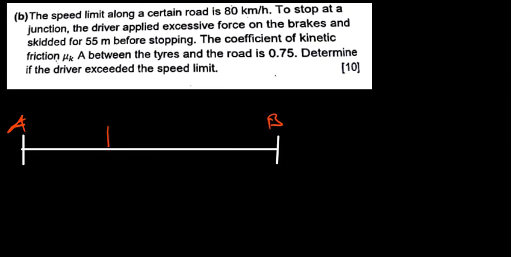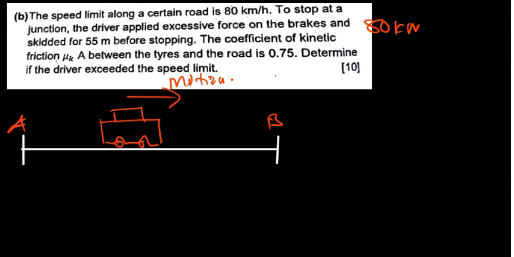So this car is moving from point A all the way to point B, in this direction. So that is the direction of the motion. Now they are saying that the speed limit for you to move from point A all the way to point B is 80 kilometers per hour.